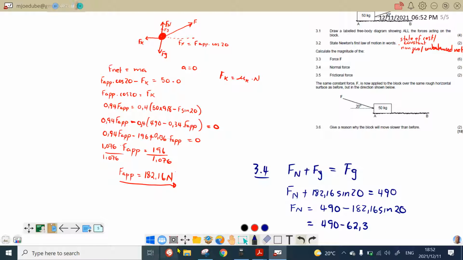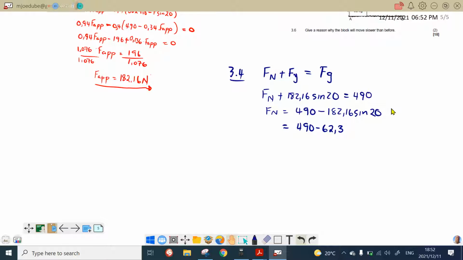That is the value of the normal force that acts on the object.